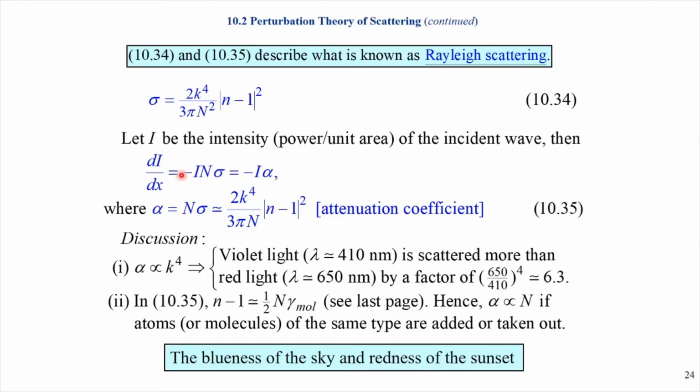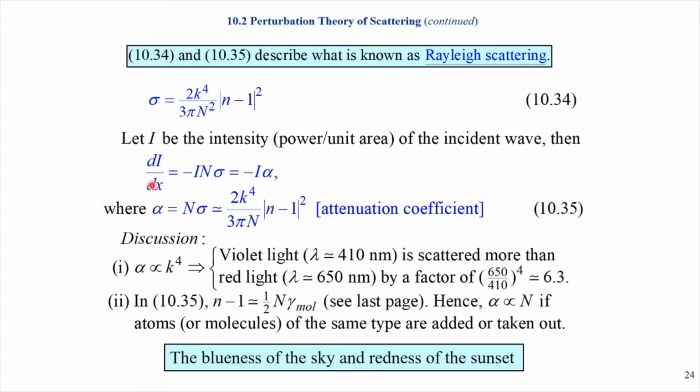That means I will decrease. In other words, dI/dx equals minus I alpha, where alpha is the attenuation coefficient. That means it will be an exponential decay. So the result will be I zero times exponential minus alpha x. If we take the x derivative, it gives us an alpha here, a minus alpha.